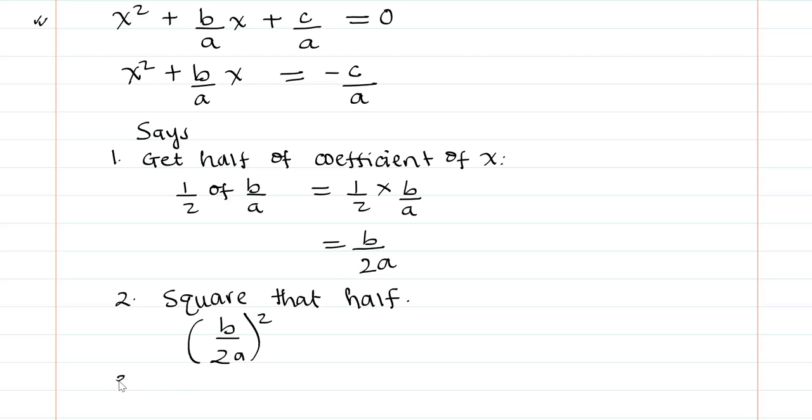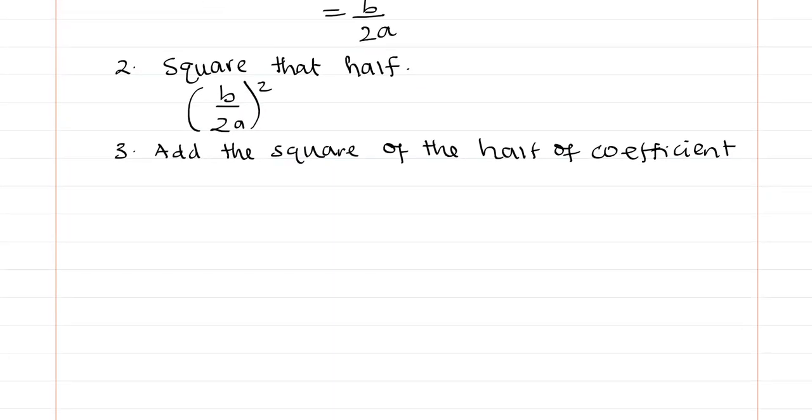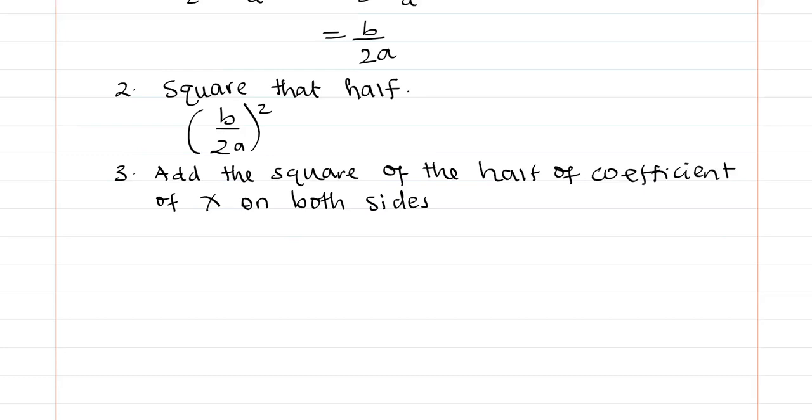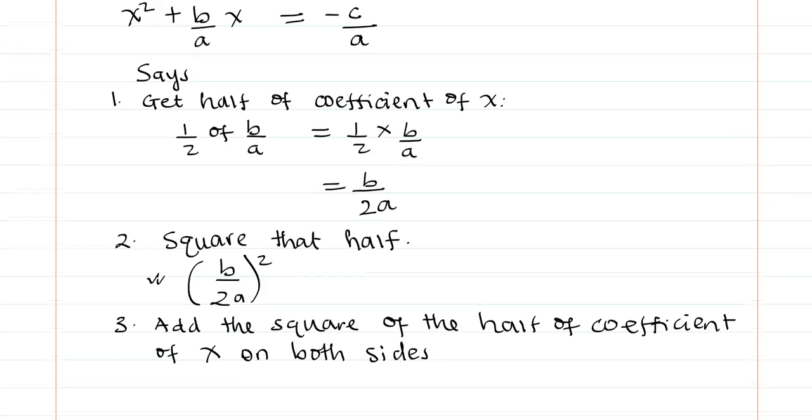And then finally it says that we add the square of the half of the coefficient of x on both sides of the equation.